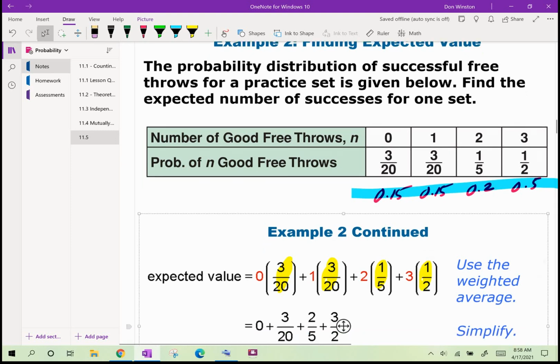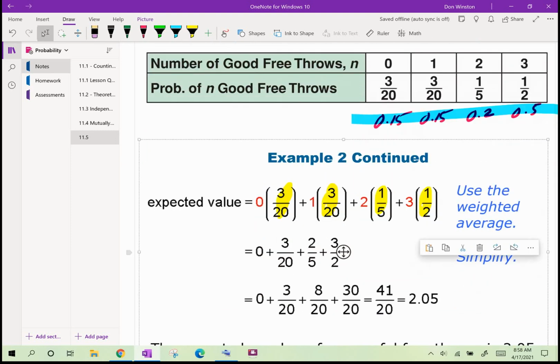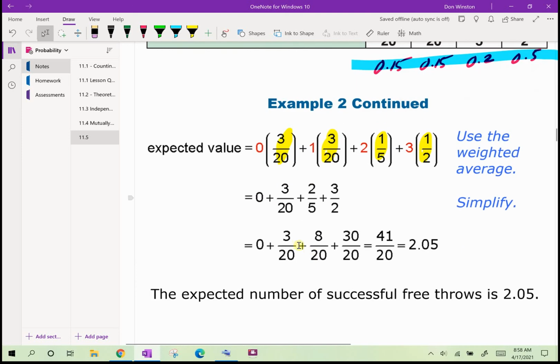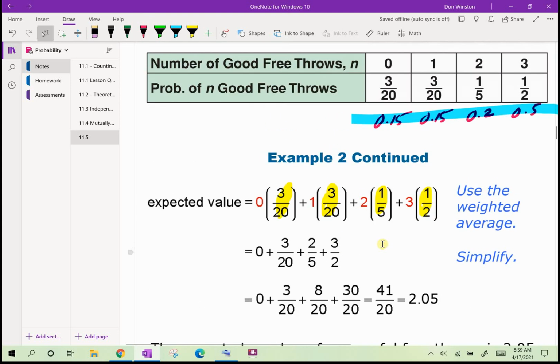In terms of fractions, that would give us 0 plus 3/20, plus 2/5, plus 3/2. And then if we add those fractions, remembering we have to have a common denominator, we'd have 3/20, 8/20, plus 30/20, which is 41/20. So the expected number of free throws would be 2.05.